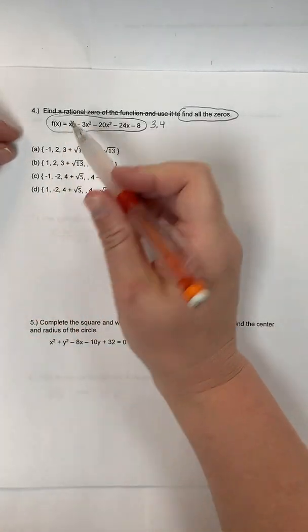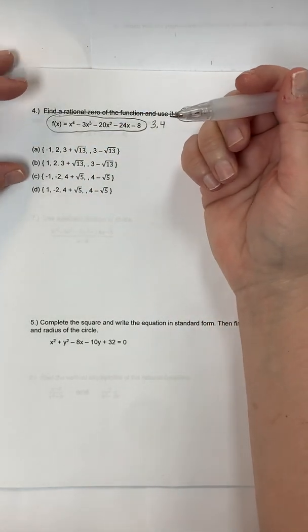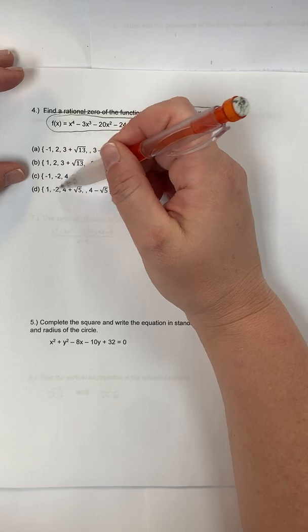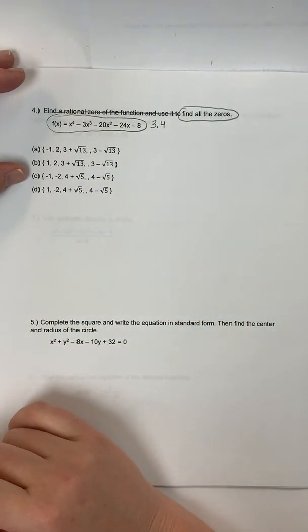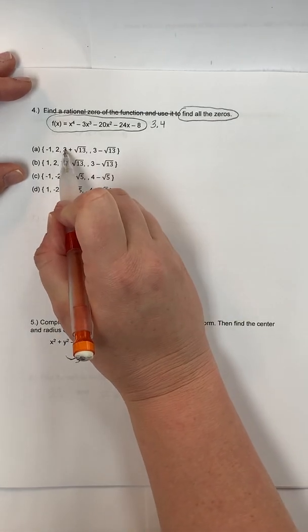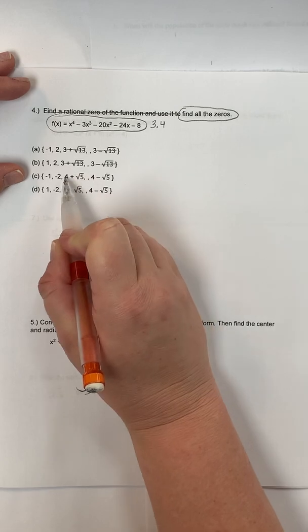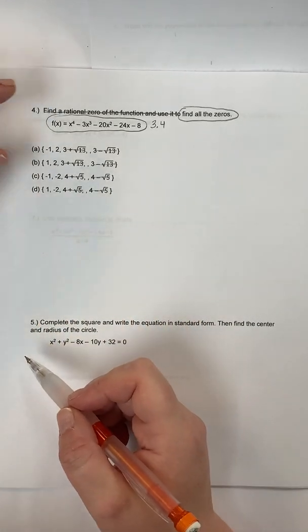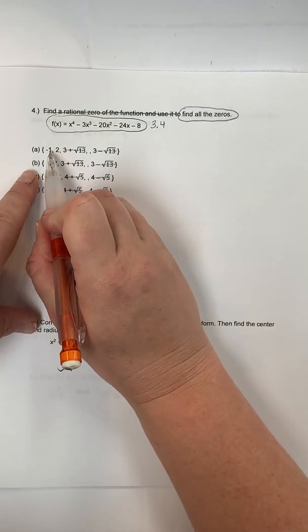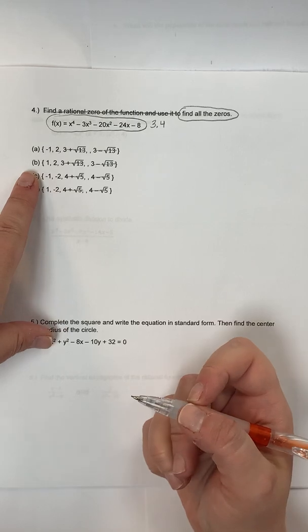I have a nice little 1 or negative 1 as a choice for each, and a nice little 2 or negative 2 as a choice for each. And then it gets irrational. Then it gets crazy. I'm not worried about these. They're too hard to check and too hard to come up with. What I'm worried about is negative 1 or 1 and 2 or negative 2.